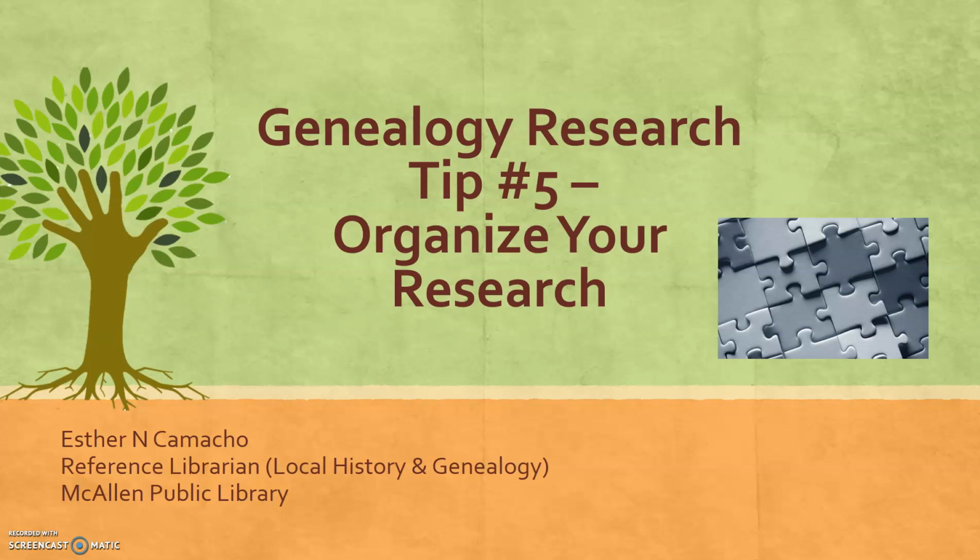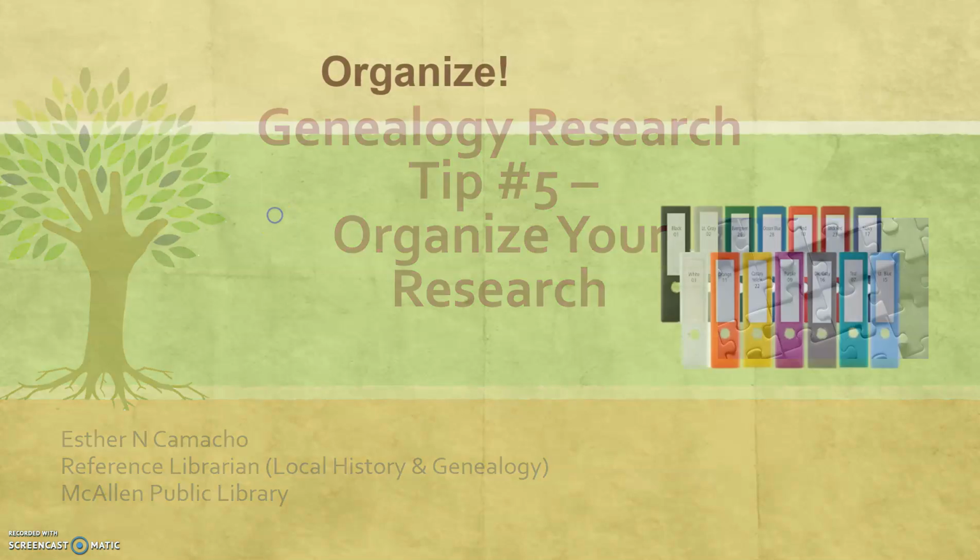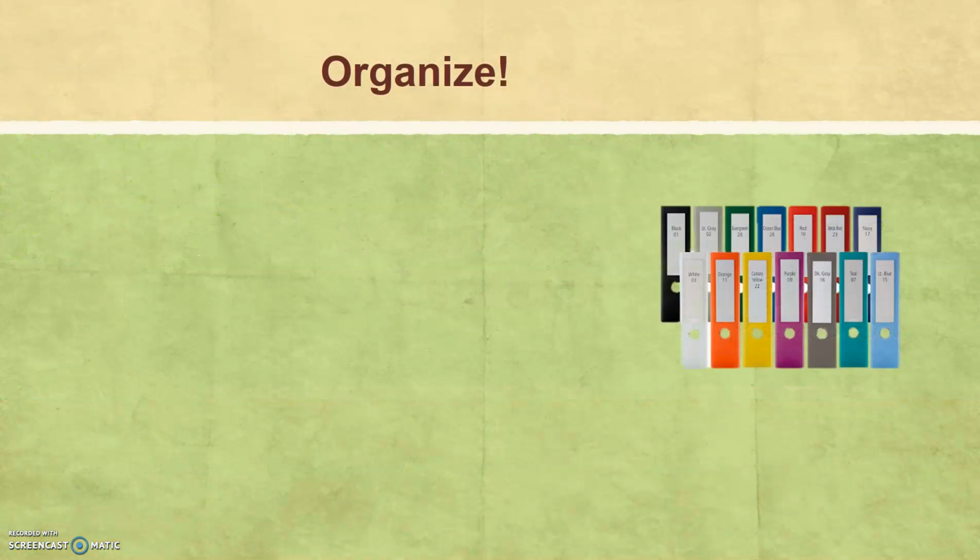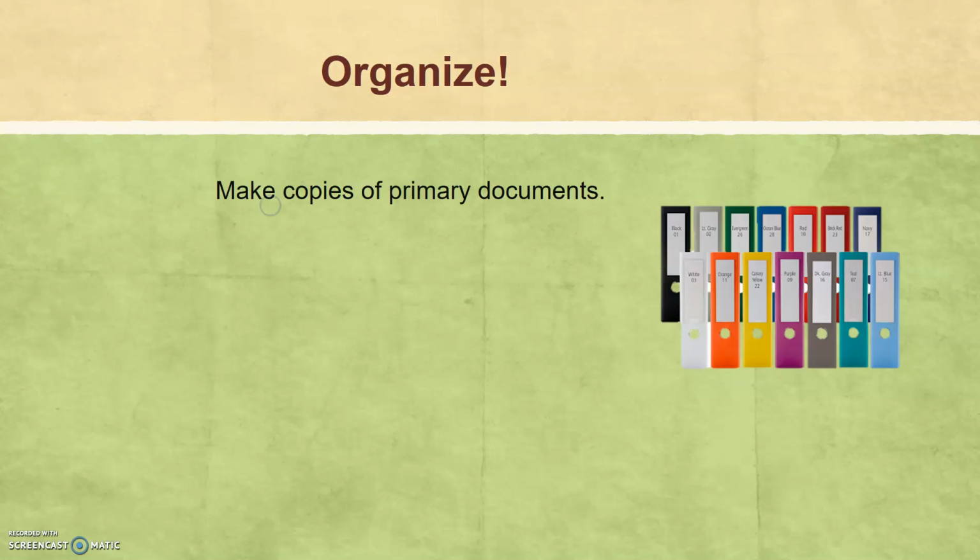Tip number 5, organize your research. It's very important that you organize your documents because, believe it or not, very quickly you're going to be overwhelmed in your office space with all the documents that you find. So make sure that you make copies of these primary documents.